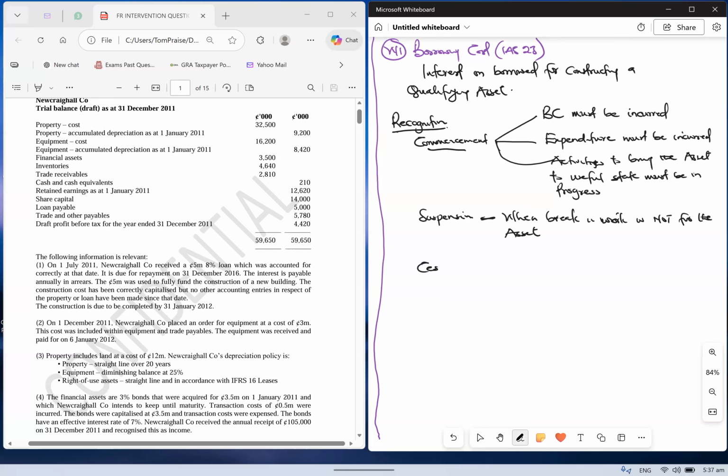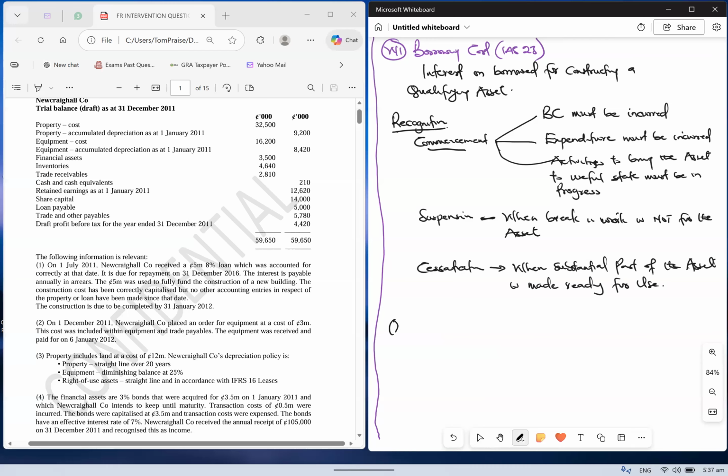Then when do you cease borrowing cost? Cessation. You will stop capitalizing borrowing cost when a substantial part of the asset is made ready for use. So this is something you must know going into your exams.